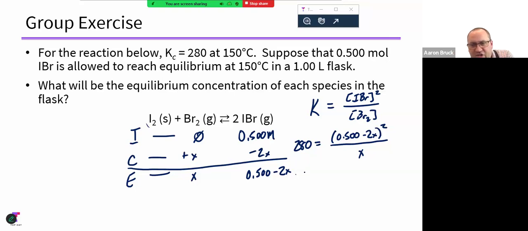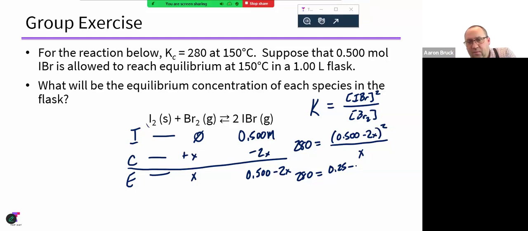If we do the expansion, 0.5 squared is 0.25. 0.5 times negative 2 is negative 1.